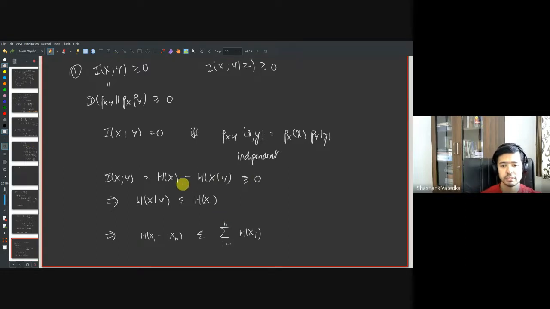So this implies that H(X) is always greater than or equal to H(X given Y) for any X, Y, or H(X given Y) is always less than or equal to H(X). So in other words, if you condition on another random variable, then the entropy can only decrease, it cannot increase. So conditioning cannot increase entropy.